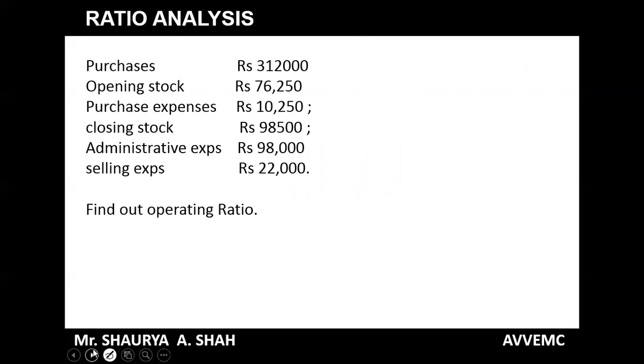Now, if you are clear with the operating ratio concept, then you need to solve this sum. It is very easy. I give you 1 minute to read this sum and understand the concepts. Then we'll start once again. Please read it, what is given and how you will solve it.